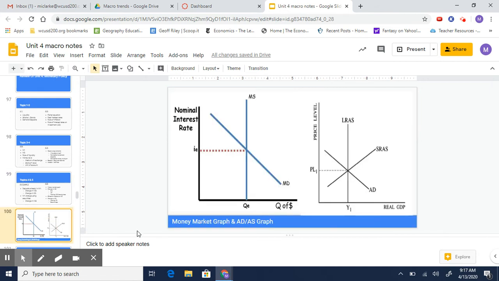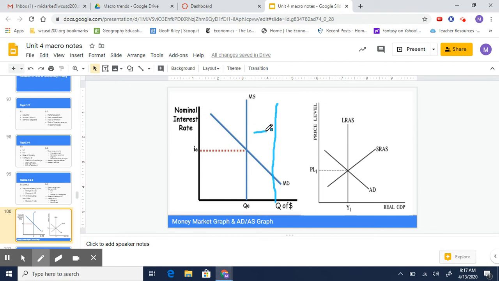So let's start with the money supply. Use my tool here. Anytime the Fed buys bonds, so the Fed is going to the bank, they're saying, hey, I want to buy some of those bonds. So when you're buying something, you're giving the seller money. So the bank is going to get money here, so the money supply is going to increase.